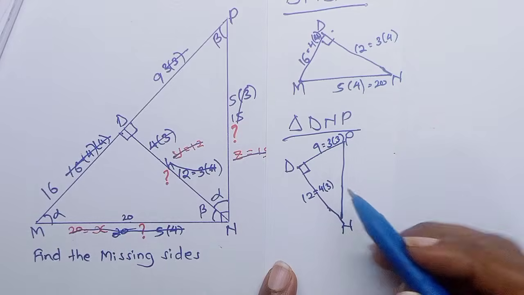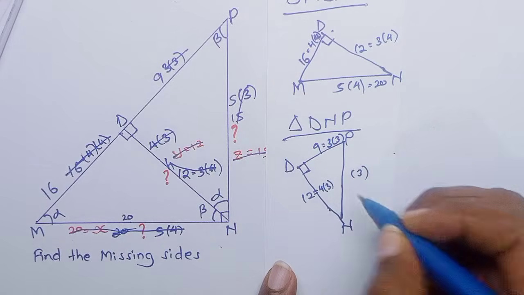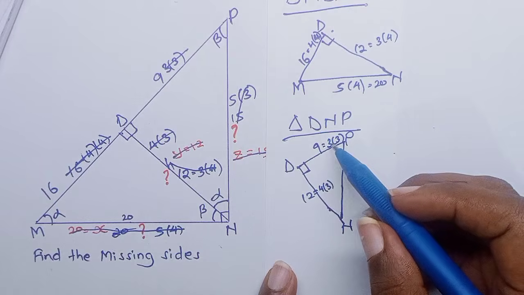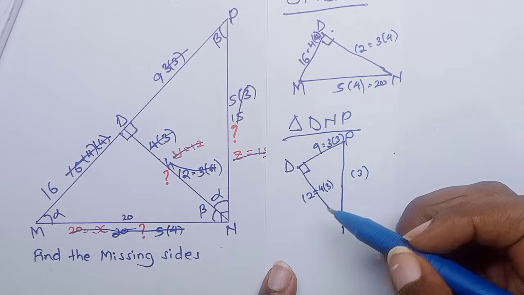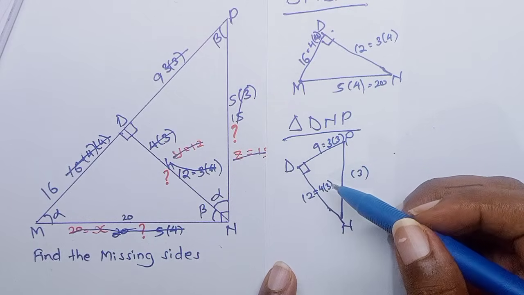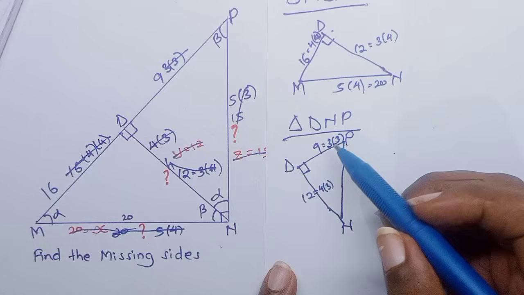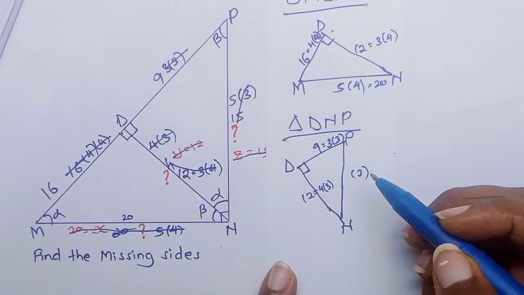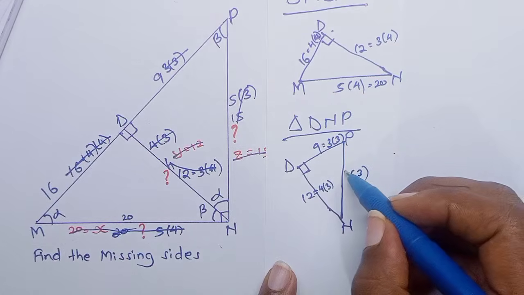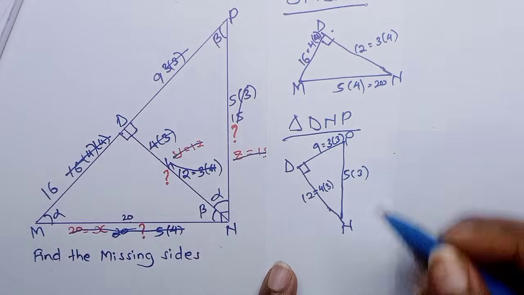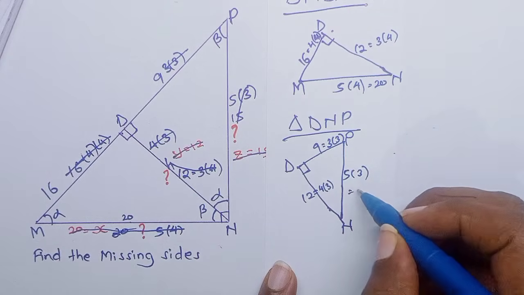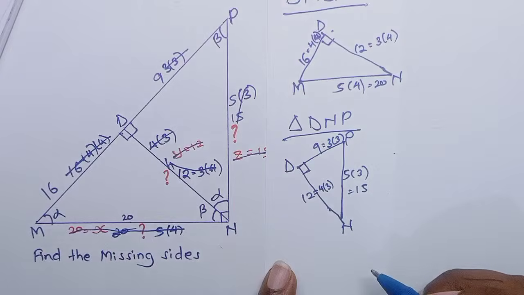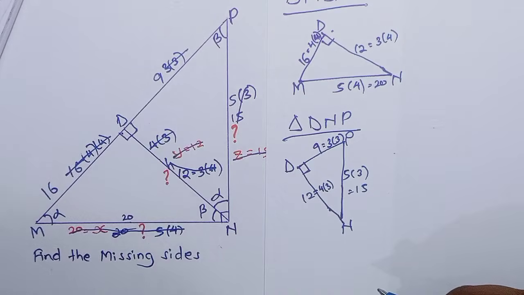So 3 is our common multiple. So this side will also have a 3. Now, looking at the differing figures 3 and 4, since it's a right triangle, from our Pythagorean triples, 3 to 4, the closest to that is 5. So it's a 3 to 4 to 5 triangle. So this side will be 5. So 5 times 3 is 15. So side PN is 15. So you can use either of the 3 methods to solve for the missing sides.